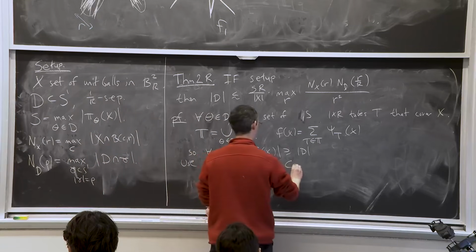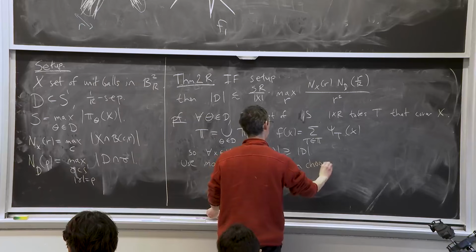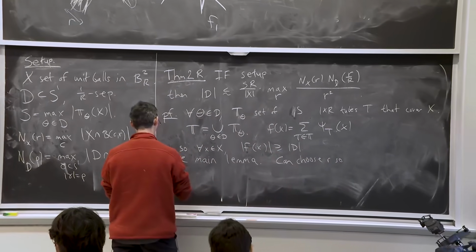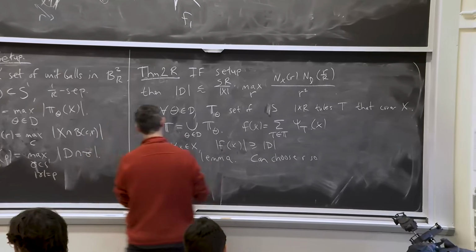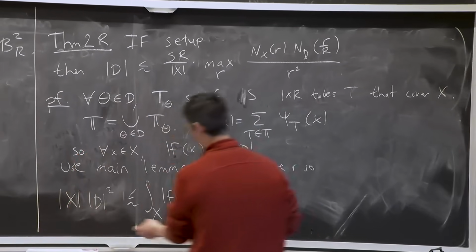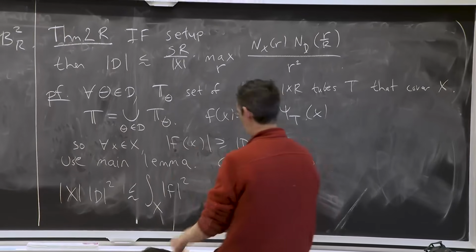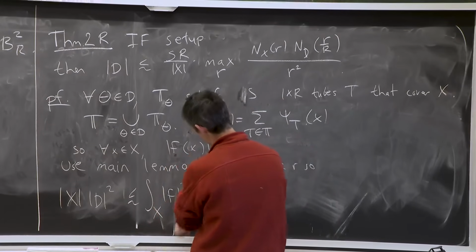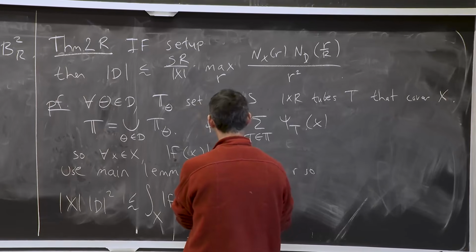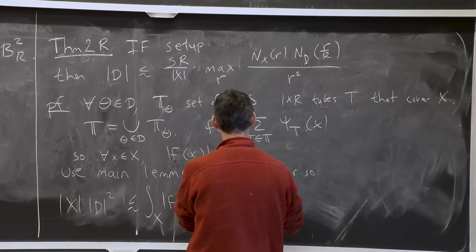And so I can choose R so that, all right, I have x times d squared. That's smaller than the integral over x of f squared. And now there are only a few r's, so that should be somewhat smaller than a log times the integral over x of fr squared.